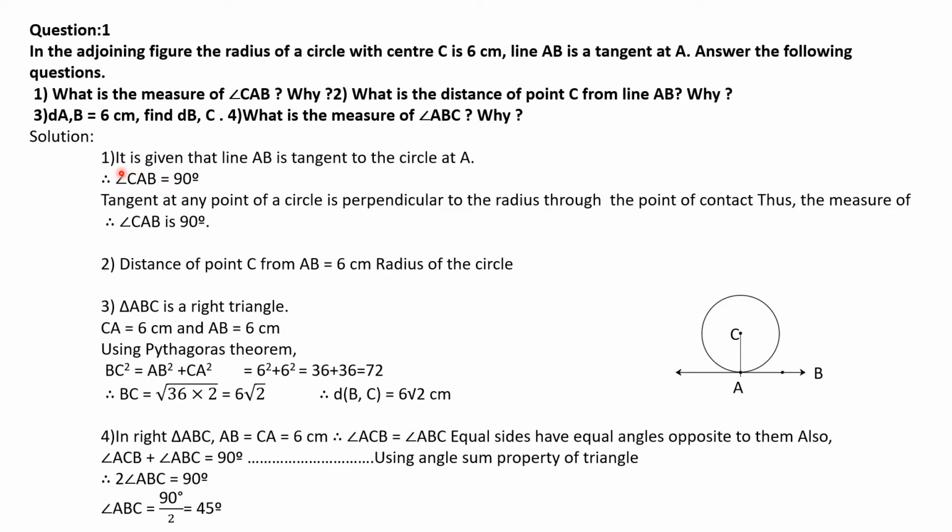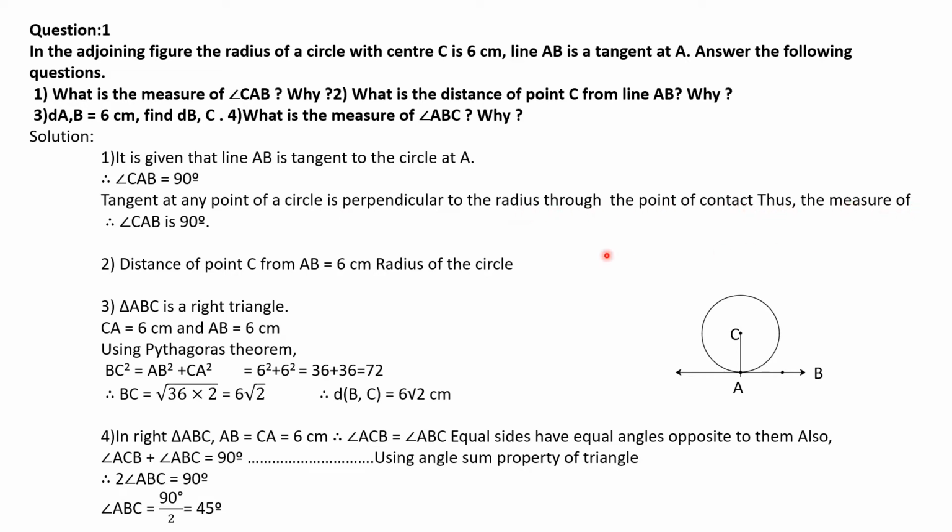Now we see the first one: what is the measure of angle CAB? It is given that line AB is a tangent to the circle at point A. AB is a tangent, so angle CAB is equal to 90 degrees. A tangent at any point of a circle is perpendicular to the radius through the point of contact.